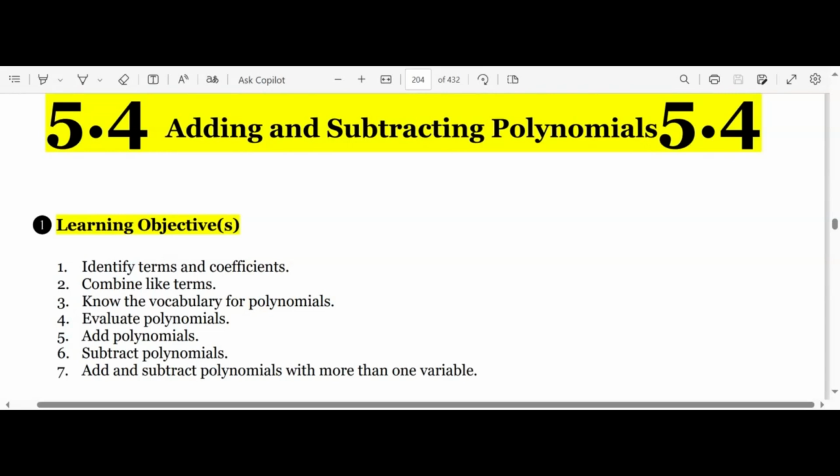Everybody say polynomials. Number 4, evaluate polynomials. Number 5, add polynomials. Number 6, subtract polynomials. Number 7, add and subtract polynomials with more than one variable.